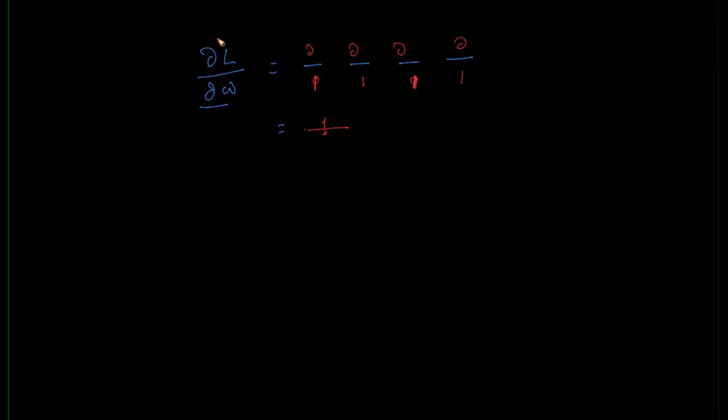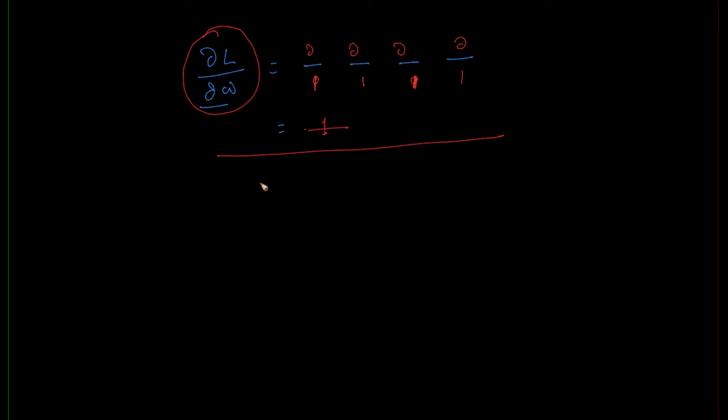So we'll be able to update the weights using the formula W new is equal to W old minus eta times the derivative of loss. That's how ReLU helps to get rid of the vanishing gradient problem, and because of that we are able to converge to the solution much faster.